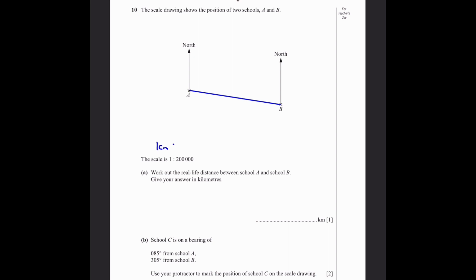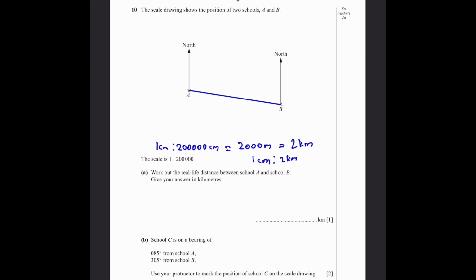That's 1 centimeter is to 200,000 centimeters. And 1 meter is equal to 100 centimeters, so 2,000 meters. And then 1 kilometer equals 1,000 meters, so 2 kilometers. 1 centimeter is to 2 kilometers.